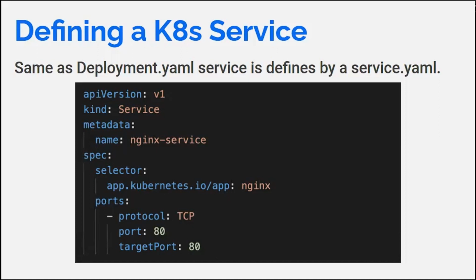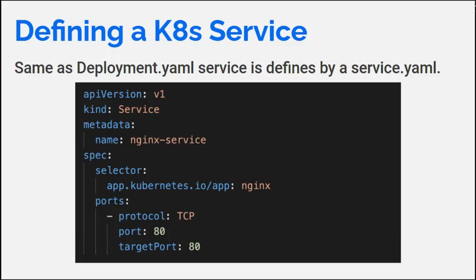And in the ports, we have a target port and the port. Target port is the port of the container running inside the deployment, because we open port 80 of the Nginx, so our target port is 80, because we have to target the port that we are exposing. And then we have the port.